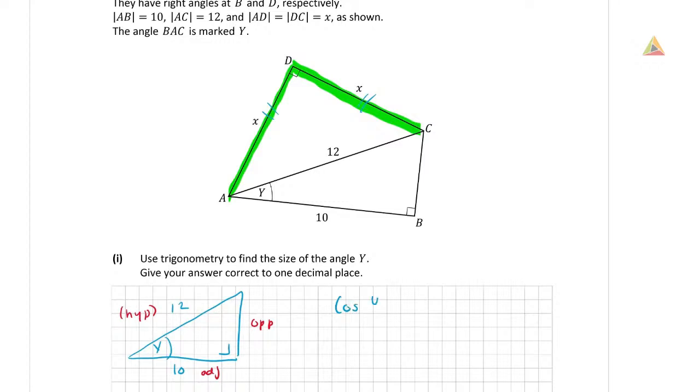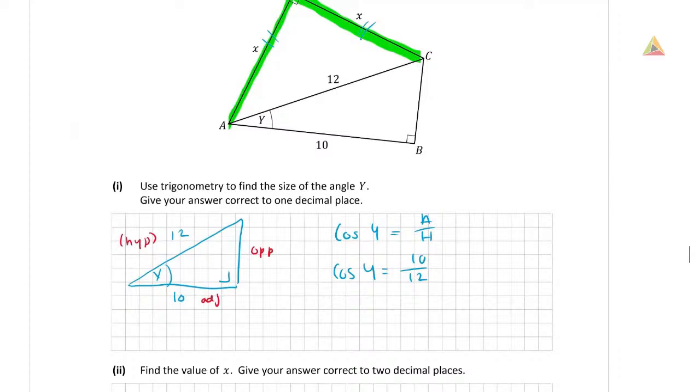So it's going to be cos. So the cos of Y is A over H. So the cos of Y is equal to 10 over 12. So to get what Y is going to be, Y is equal to the cos minus 1 of 10 over 12. Now put that straight into the calculator, correct it to 1 decimal place, and you'll get 33.6 degrees.